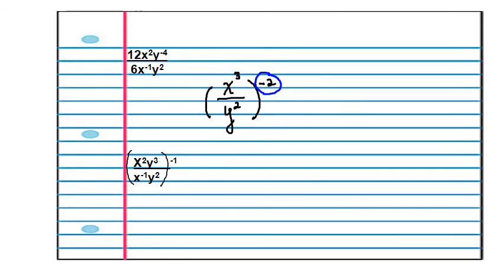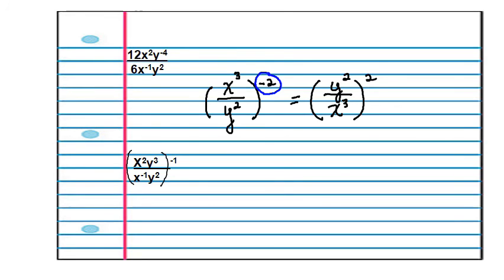Dealing with exponents, you're dealing with powers, and anytime there's a negative 1 out here, we're just going to flip the insides. So my y to the second is going to come up above, and my x to the third is going to come down below, and now we've got a positive power.